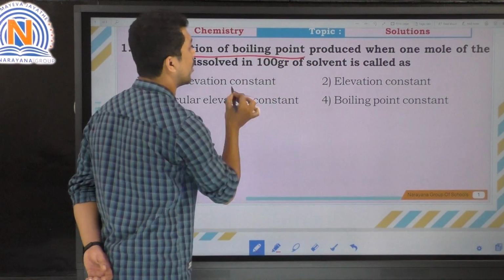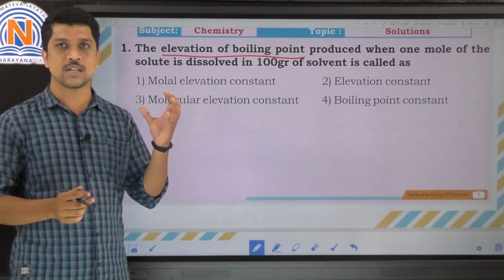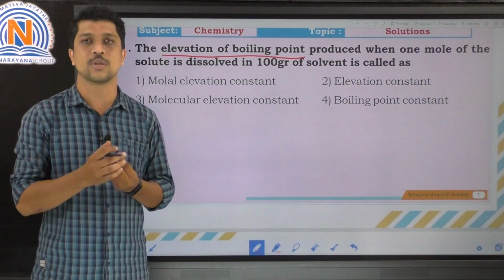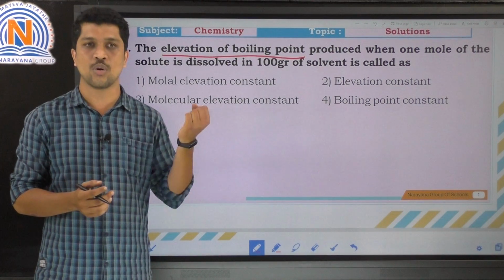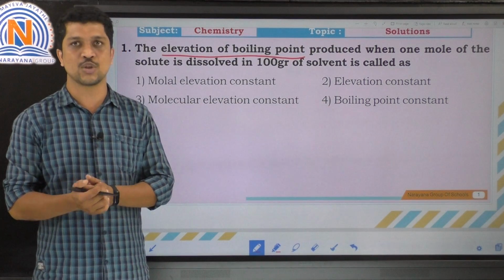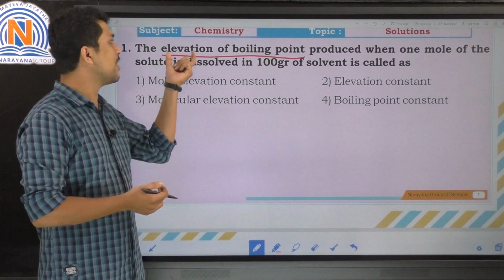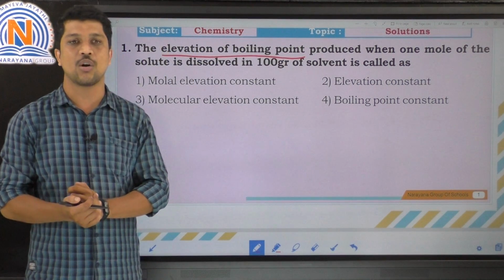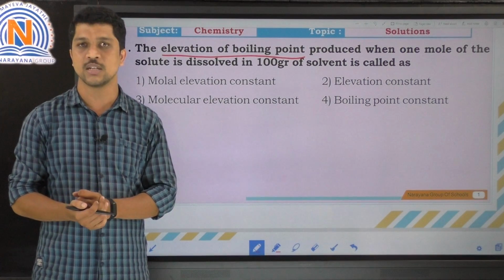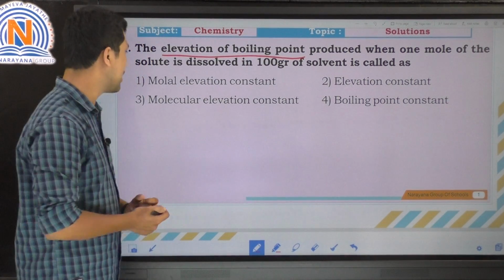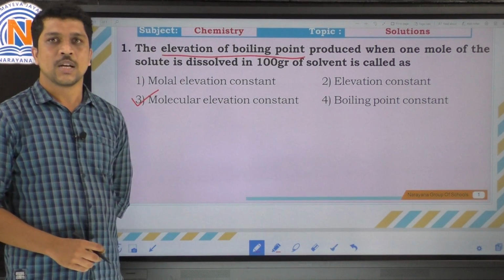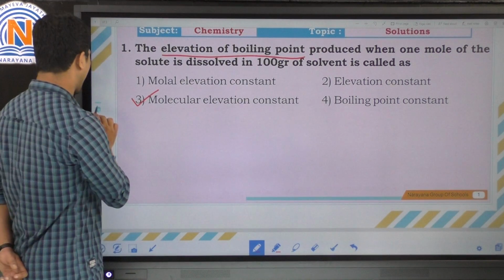If the solution contains 1 mole of solute dissolved in 100 grams of solvent, the elevation of boiling point is called the molecular elevation constant. So the correct option is the third option. Clear? Let's move on to the next question.